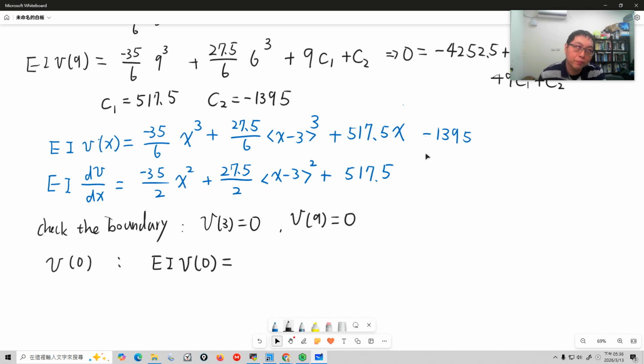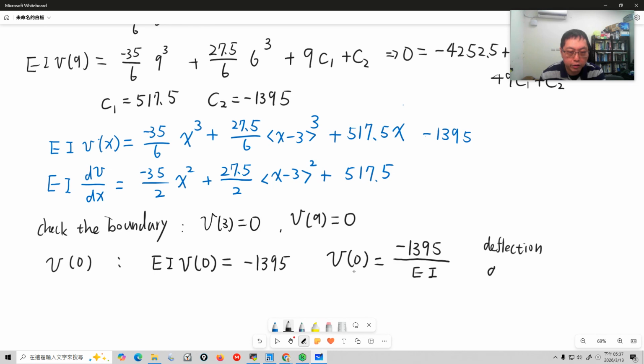But EI is a constant, so nu 0 is minus 1395 divided by EI. This is the deflection at x equal to 0.